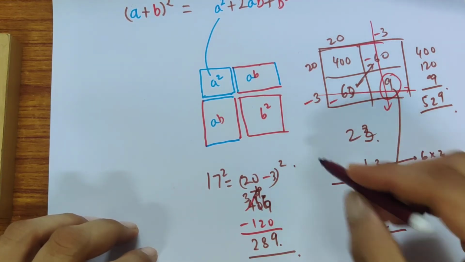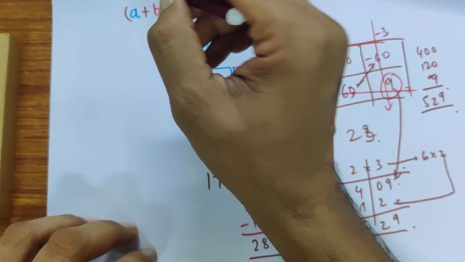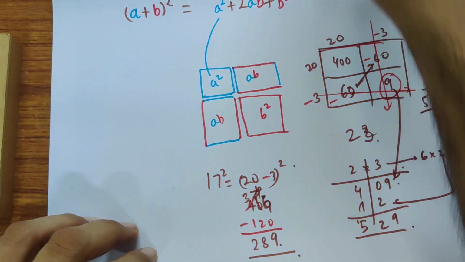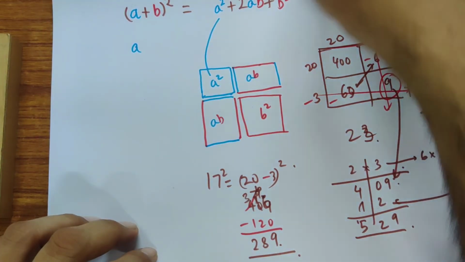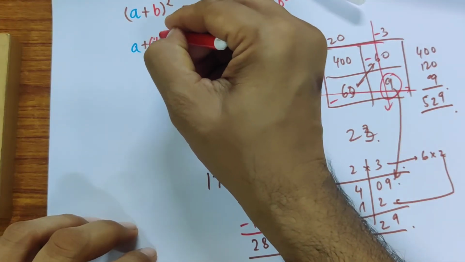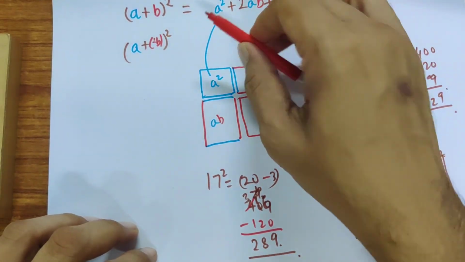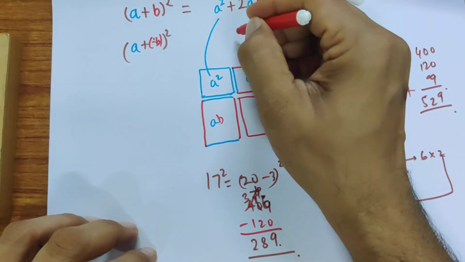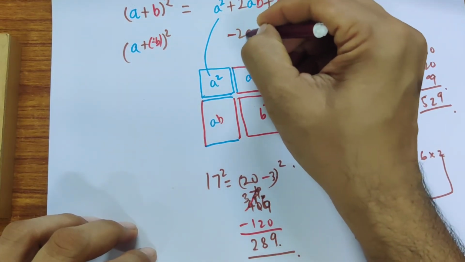So for a minus b, we simply look at it as, I can just put that b as negative, then it's like a plus negative b, that's the same as (a minus b) whole square. So if I do (a plus negative b) whole square, wherever I have a b term, that will become negative, so it will become negative 2ab.